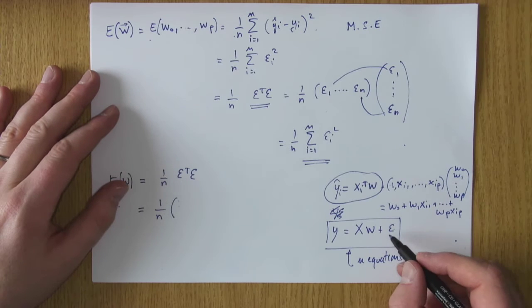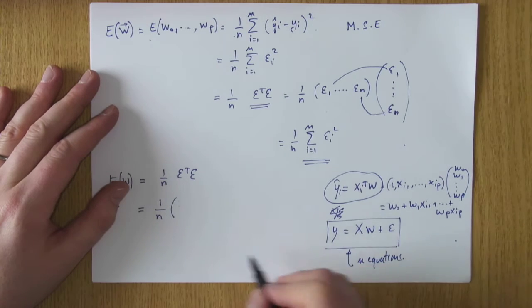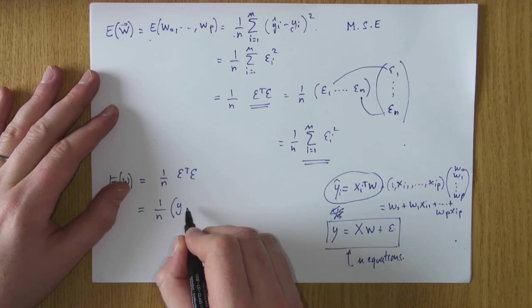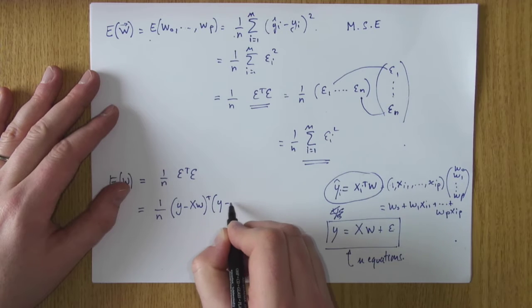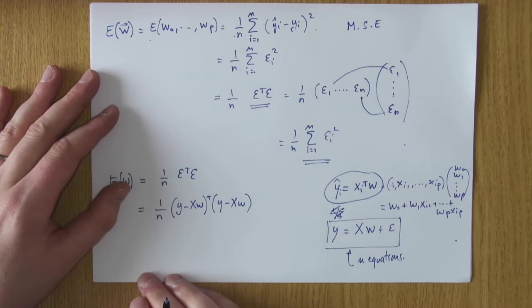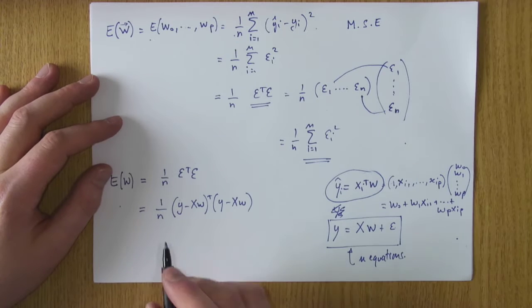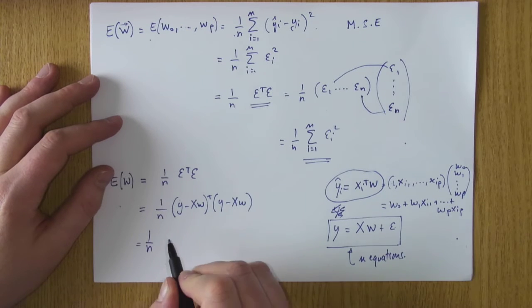So from that point on, you realize that okay, epsilon is just y minus Xw. Okay, so I can plug that in. So I can say this is (y minus Xw) transpose (y minus Xw). Okay, and it's all fine. So I can develop that. I can do a lot of things.